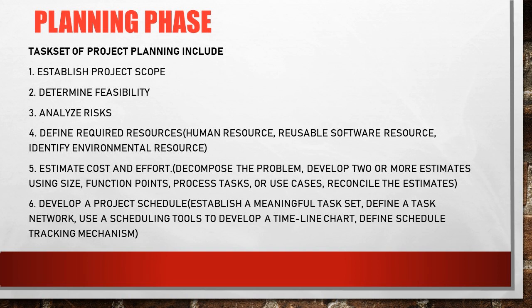Determining the feasibility of the project is the second task set of project planning. We need to analyze the risks when we plan the project. We will discuss in detail the different types of risks and their analysis in the 6th module.